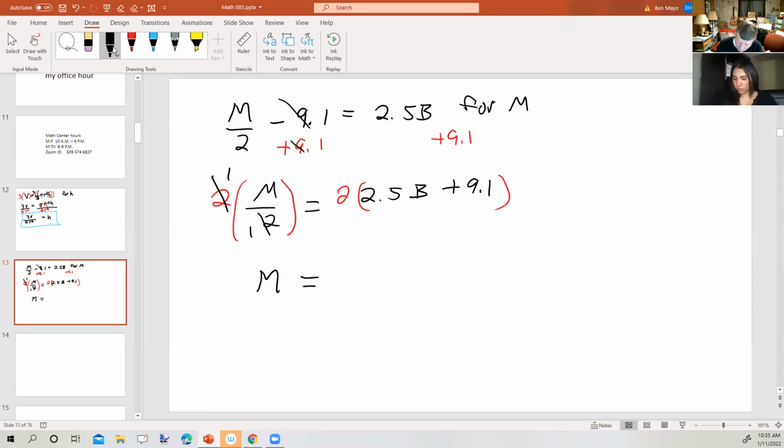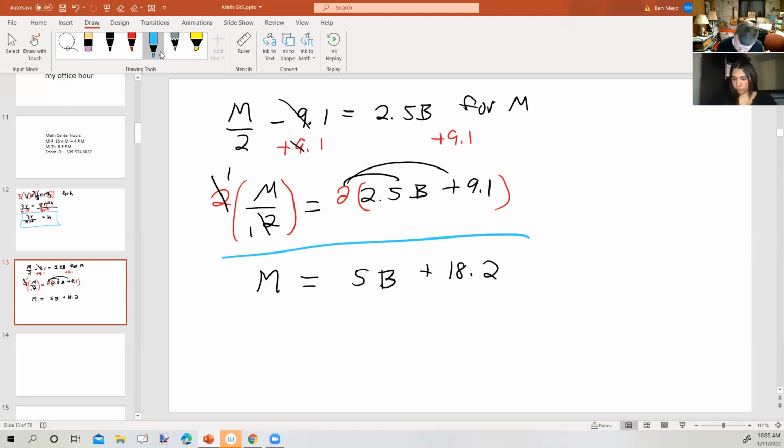On the right side, we're going to distribute. We're going to get 5b plus 18.2. 2 times 2.5 is 5, and b, and 2 times 9.1 is 18.2. So m equals 5b plus 18.2. Any questions there?